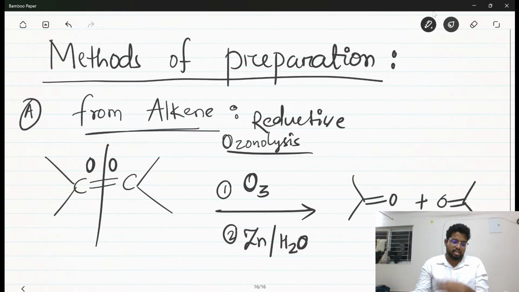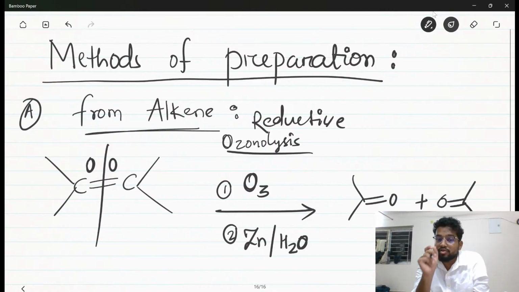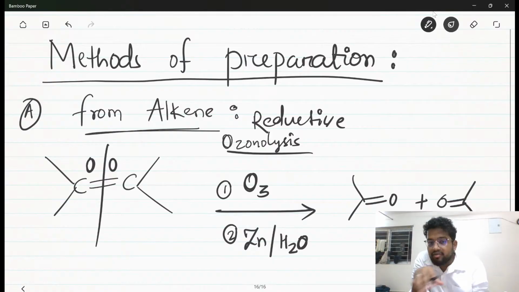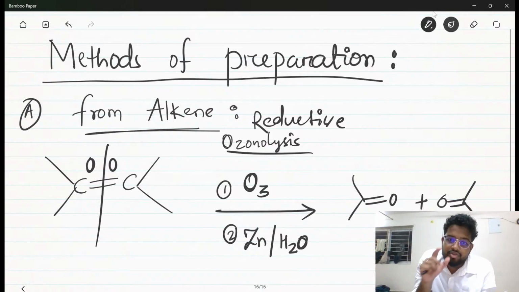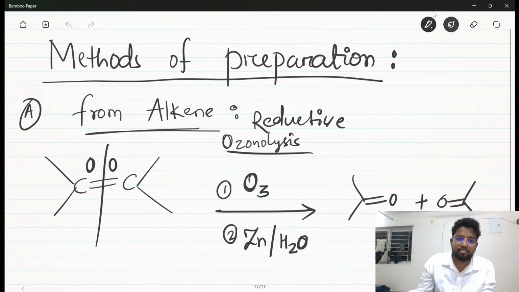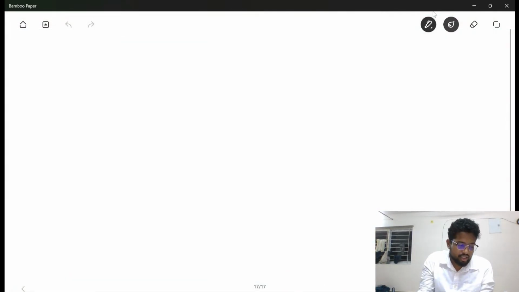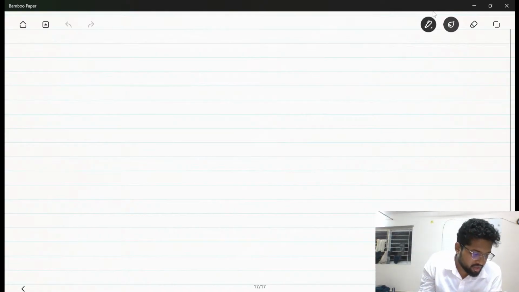Obviously there is a mechanism for ozonolysis. You just have to go to your first year alkene chapter and find that mechanism. If you cannot, then definitely in the upcoming lectures I will discuss the mechanism of ozonolysis. This mechanism is lengthy and takes some time, that's why we are telling you to check it from your previous class.